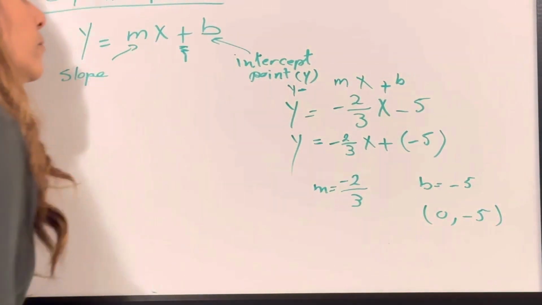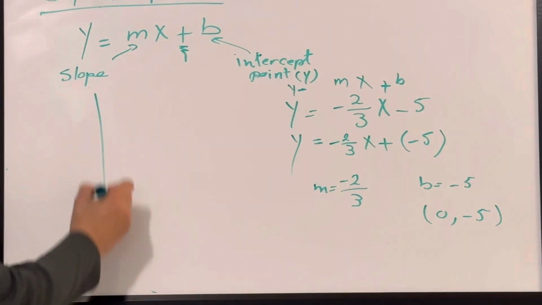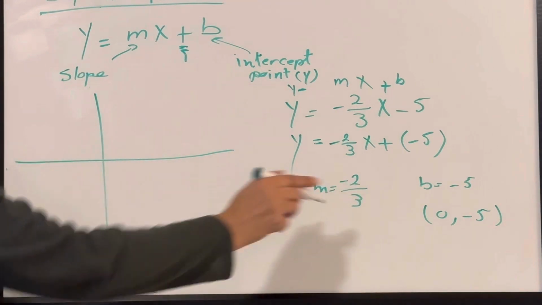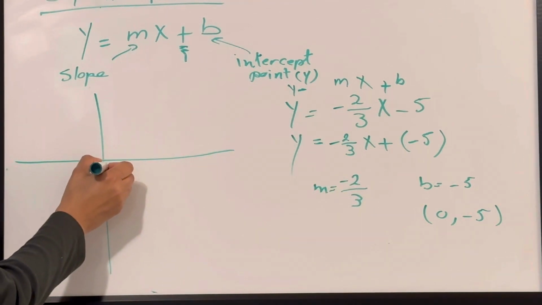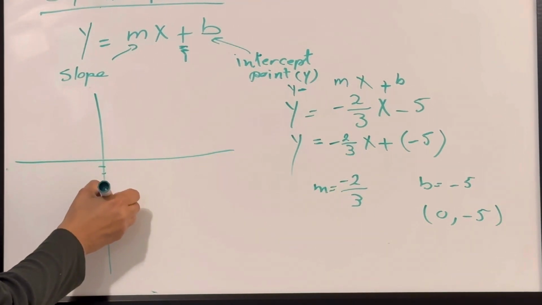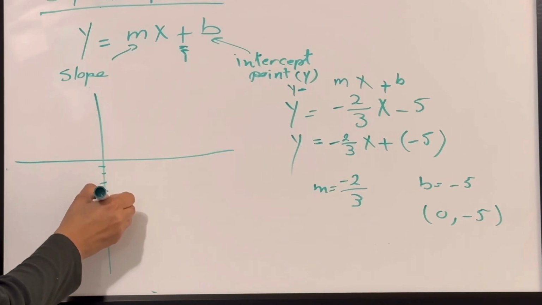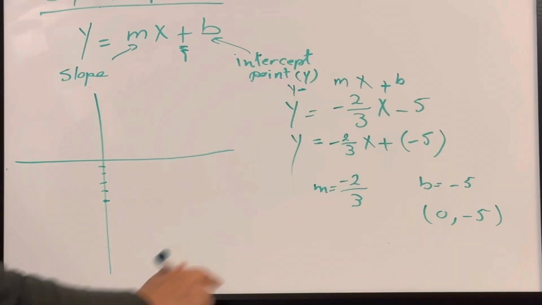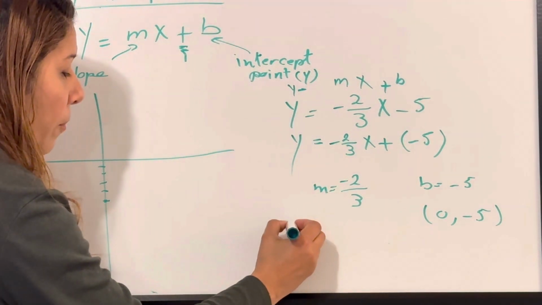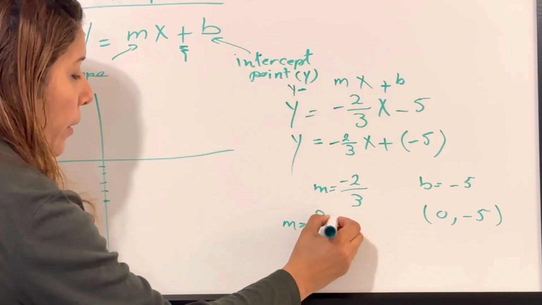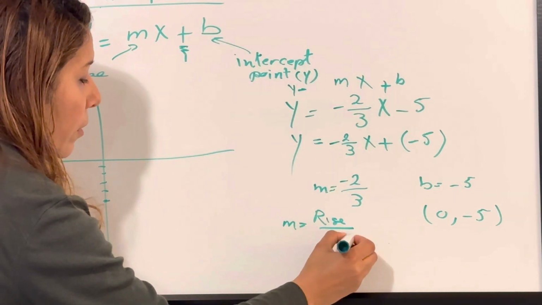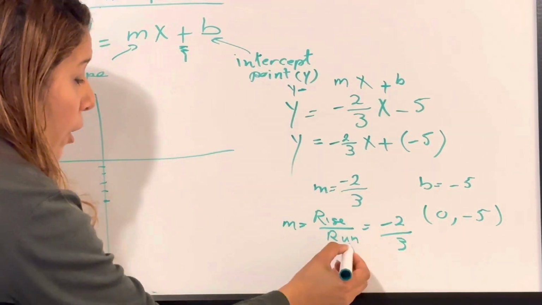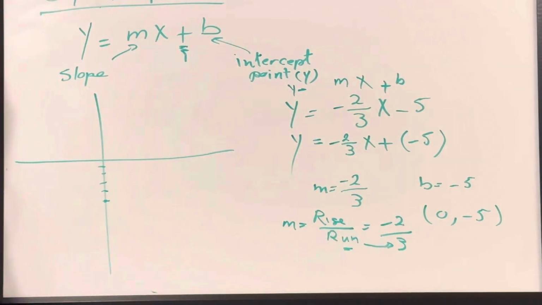I can now draw the line. On the coordinate 0, -5, I have 0, 1, 2, 3, 4, 5. So here is 0 and -5. Then, as we said, slope equals rise over run. This is -2/3, so I have to run 3.